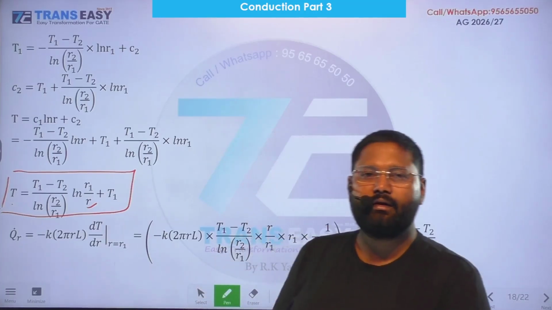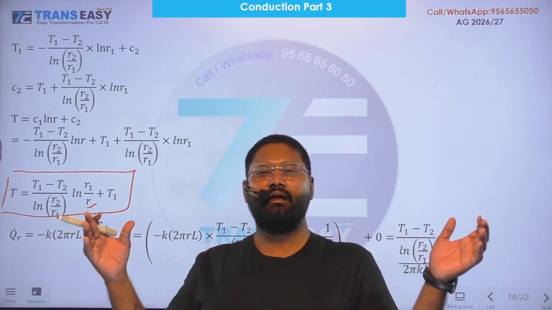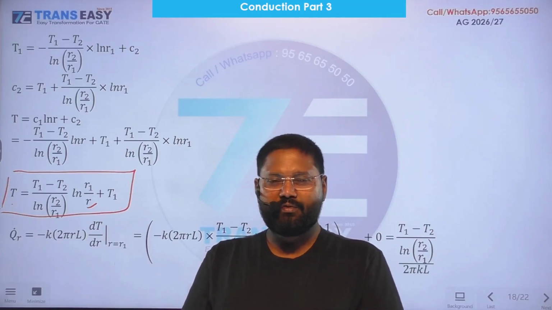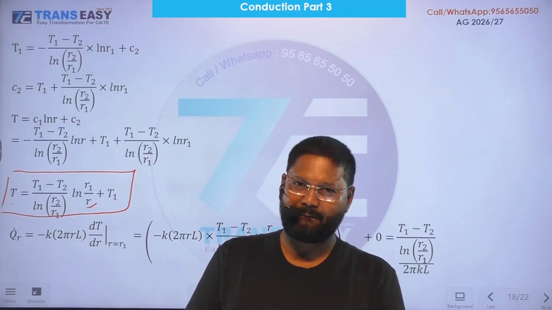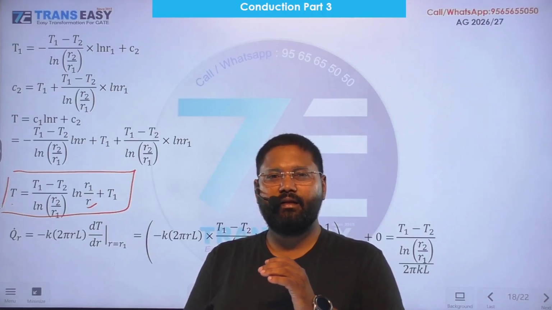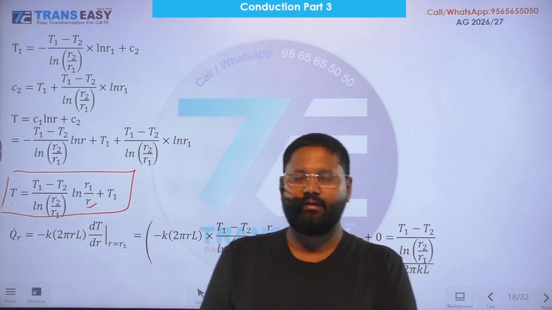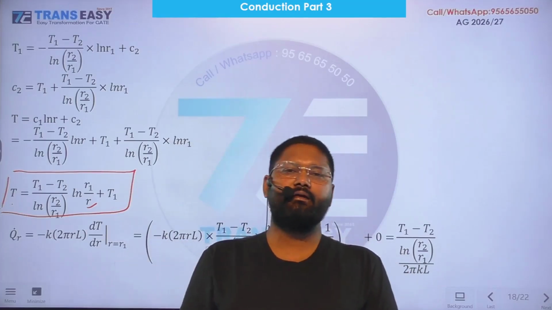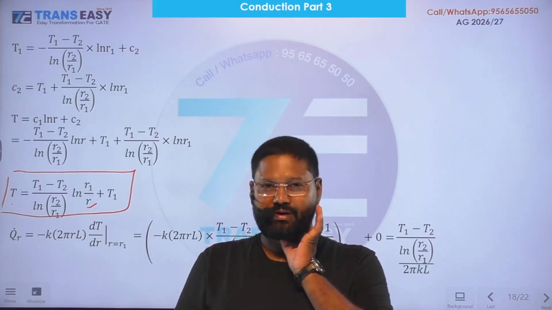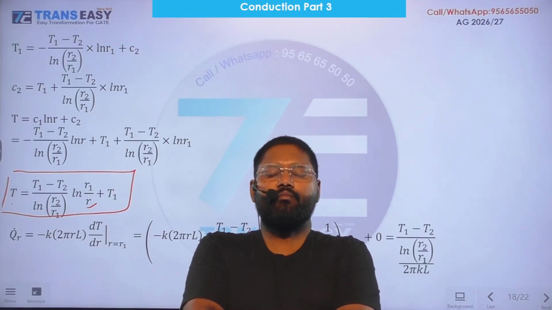Here in case of a cylinder, the cylindrical coordinate system solves the problem easily. So we have written the one-dimensional heat conduction equation in three different coordinate systems. That's why we had one more question in GATE 21 or 22.